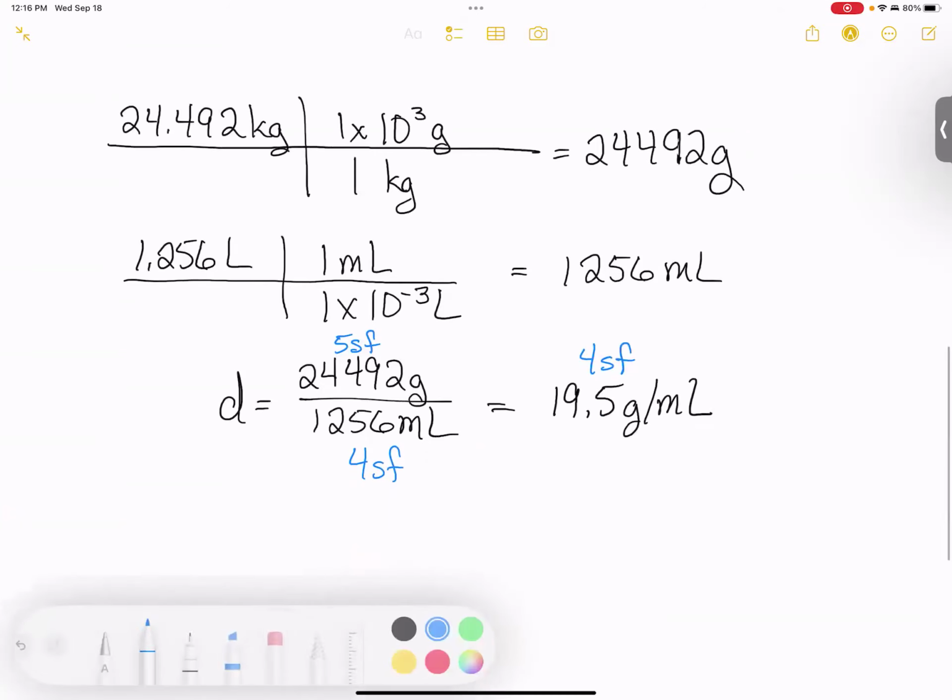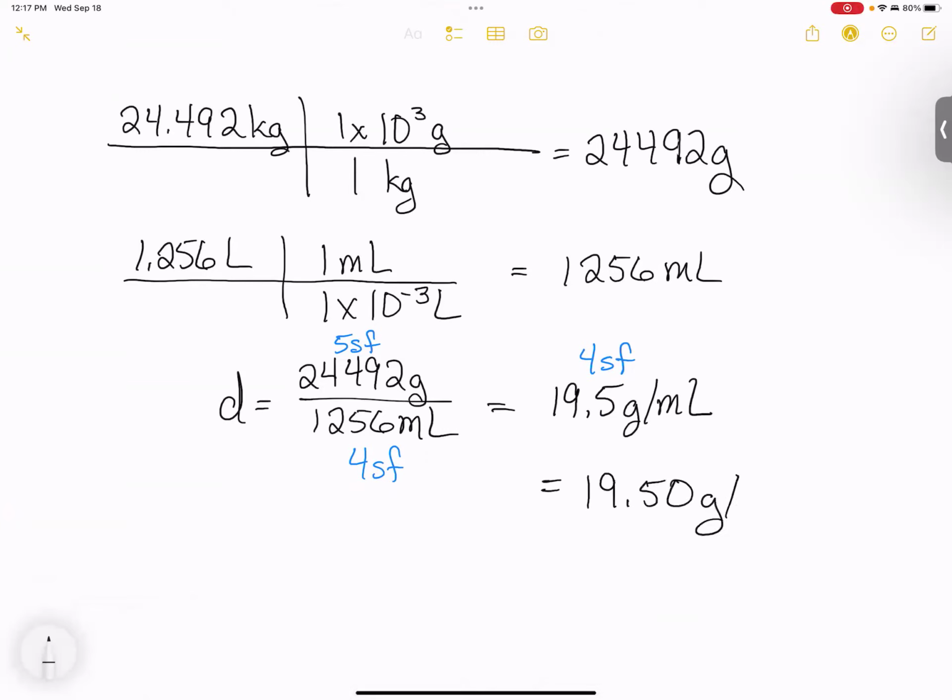And therefore, you would record this answer as 19.50 grams per milliliter in order to give it 4 significant digits. Questions?